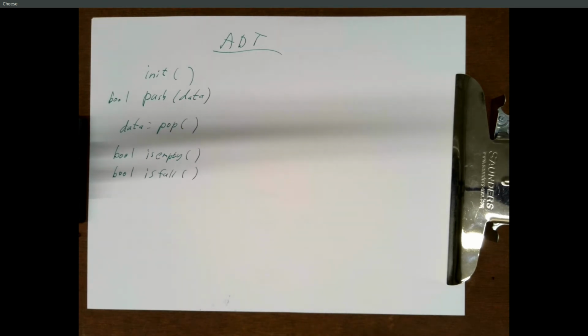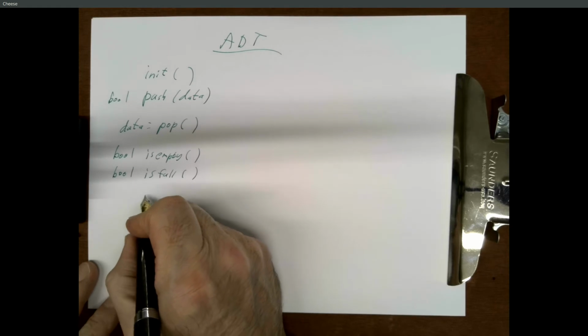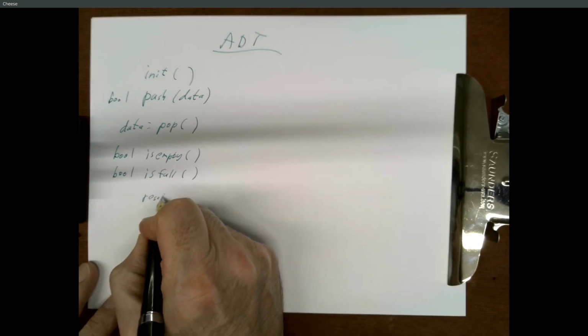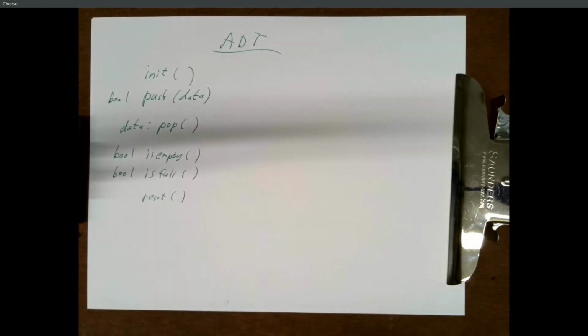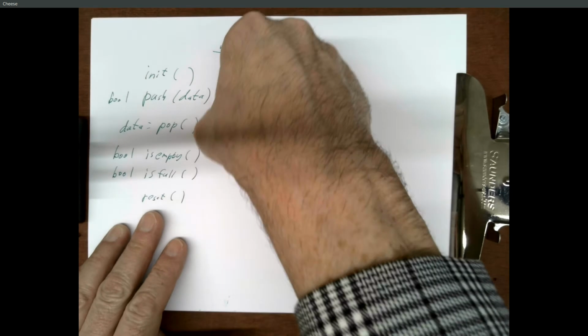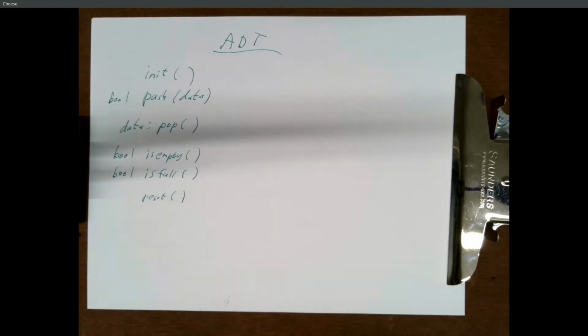And that's more than enough for most stacks. We could have reset, which throws away everything that's in your stack and just sets it back to an empty stack. But mostly initialize, push, pop, maybe see if it's empty. So not a whole lot of interaction points.